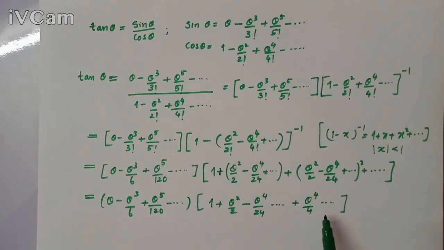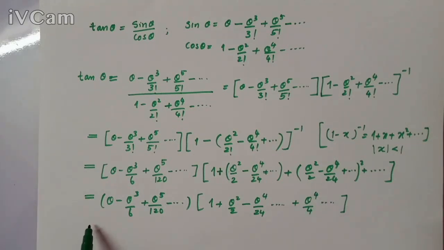We try to write the first 3 or 4 terms of the series, so we neglect the higher power terms. So I write this bracket as 1 plus theta square by 2 minus theta raised to 4 by 24, etc., plus, from this you can get a term containing theta raised to 4.